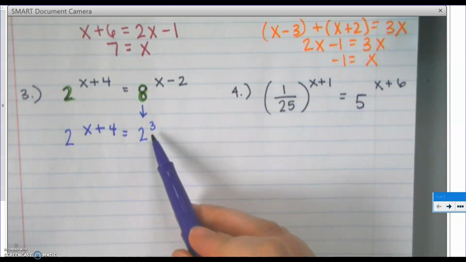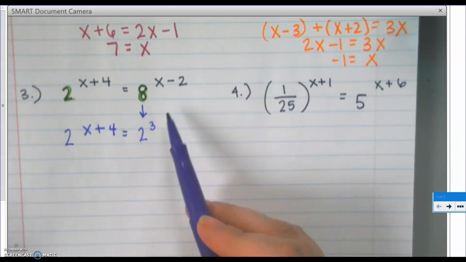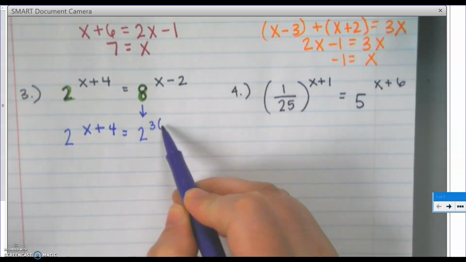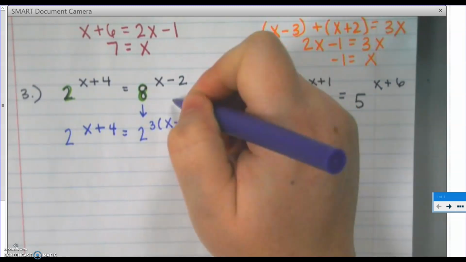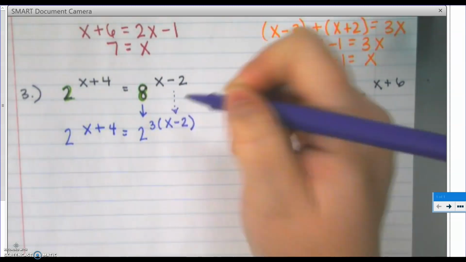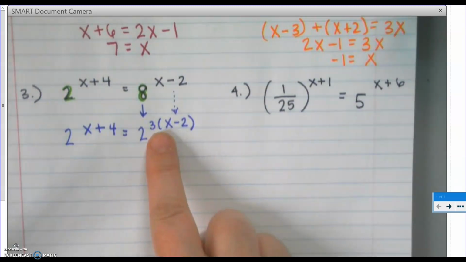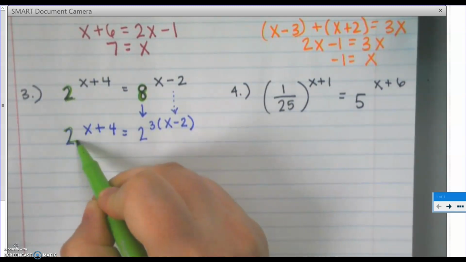And whenever you had an exponent there originally, and we're making a new exponent, you have to remember to distribute. We are going to have to multiply the original exponent times the new exponent that I got when I rewrote 8 as 2 to the 3rd power.